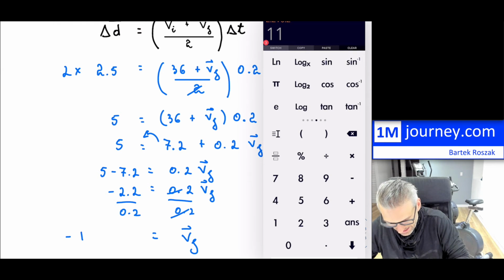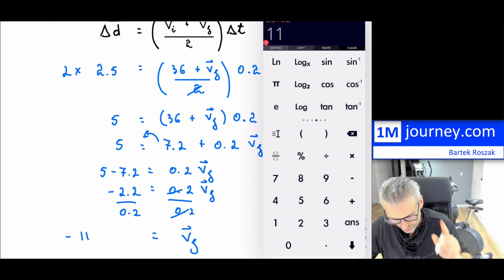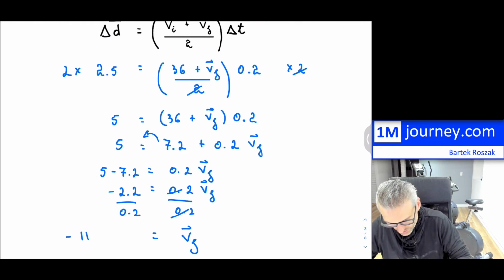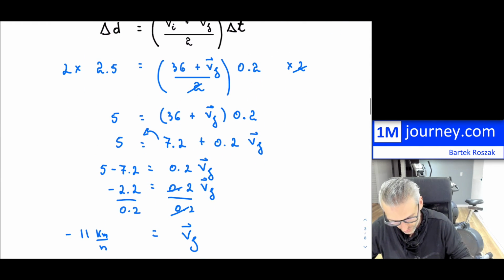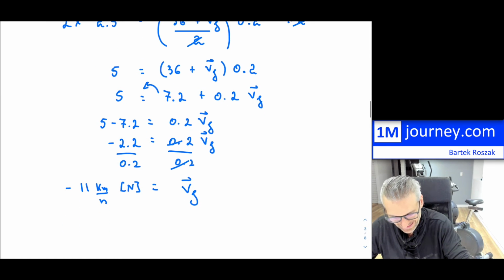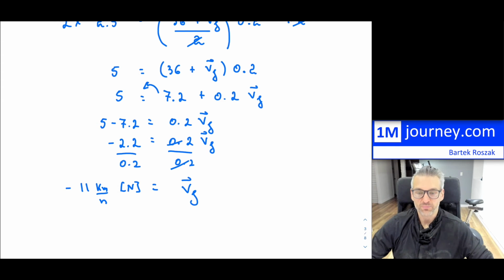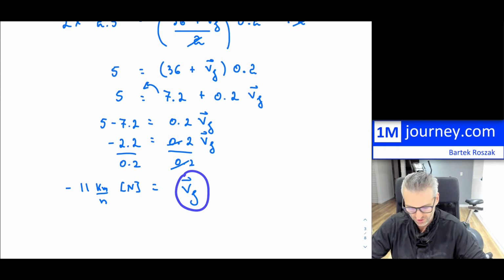So this is 11. Now, please keep in mind that we have to bring back the units. This was in kilometers per hour, and the direction was north, so we kept everything north. Now it is negative. What does that mean for this velocity?